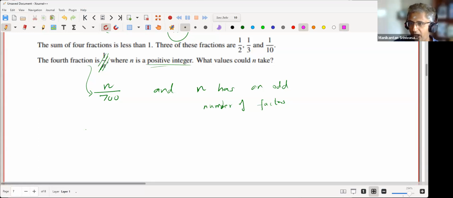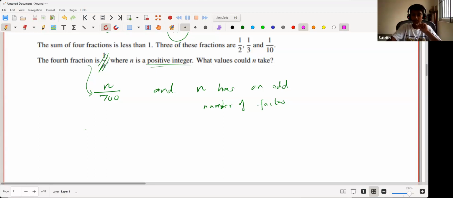So, Sukrit, why does n have to be a perfect square for it to have an odd number of factors? Sir, because all perfect squares have 3 factors exactly. All perfect squares? Say that again, once more.